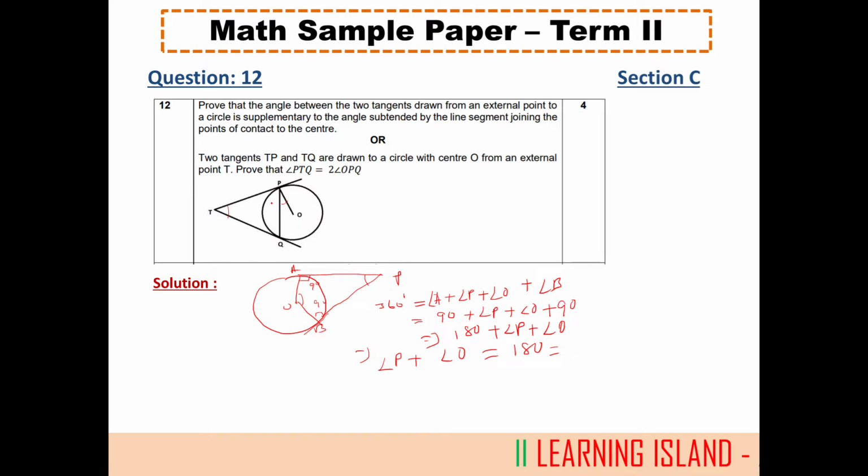For this, let this angle be X, so this would also be X. How? Because these two tangents are equal, so this is an isosceles triangle.